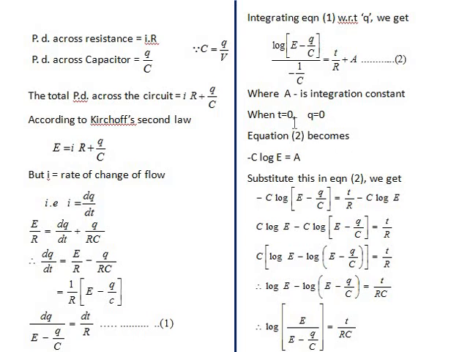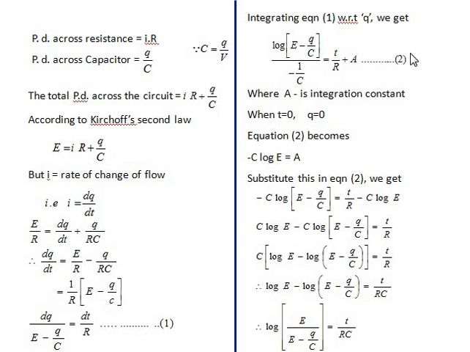When t is equal to 0, q is equal to 0. In the sense, initially before charging the capacitor, the charge across the capacitor is 0. So at time 0, the charge across the capacitor is 0.